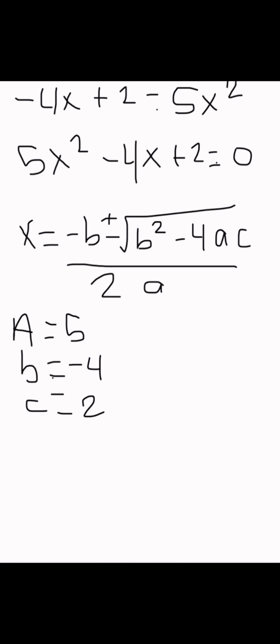Now, we have to plug those numbers into the formula. So, first is x equals, since it's negative b and we have a negative number, then a negative times a negative equals a positive, so you'll put a 4.